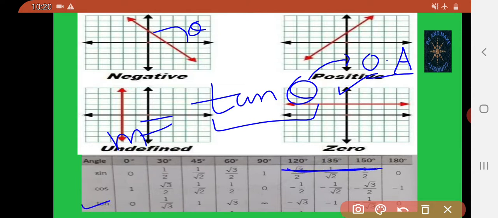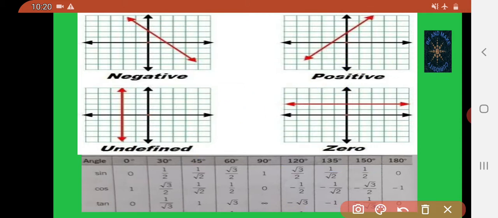And if theta is an obtuse angle, then the tan theta value is negative. Here you see negative value. So slope is negative. So here the slope of this line is negative.